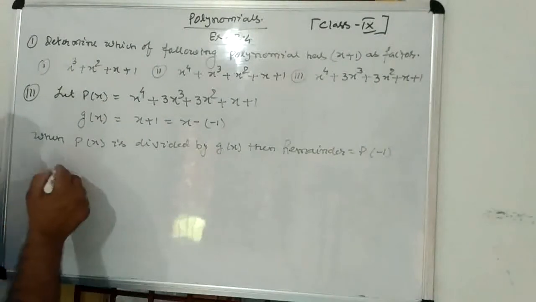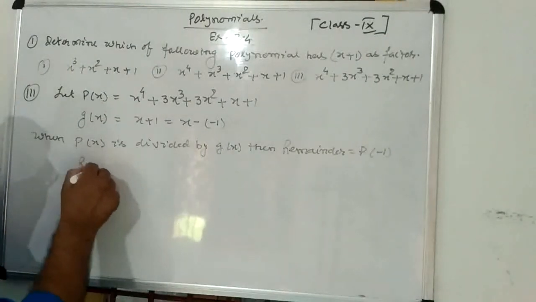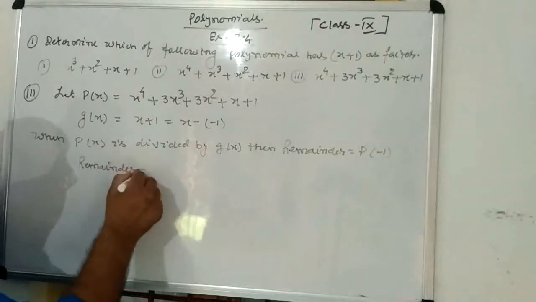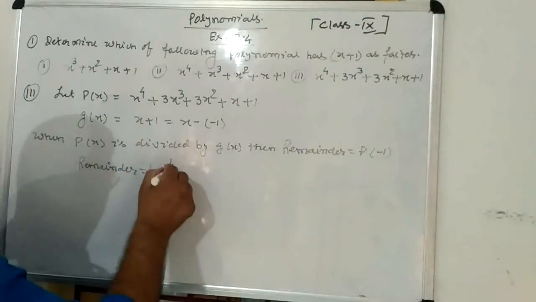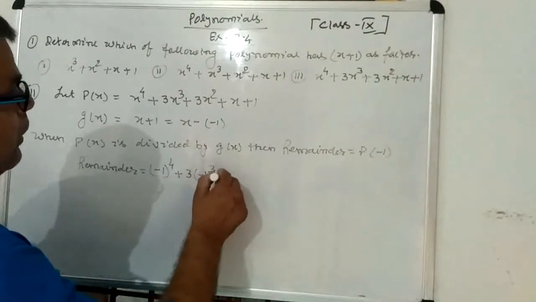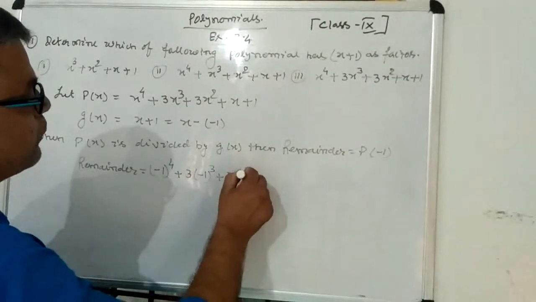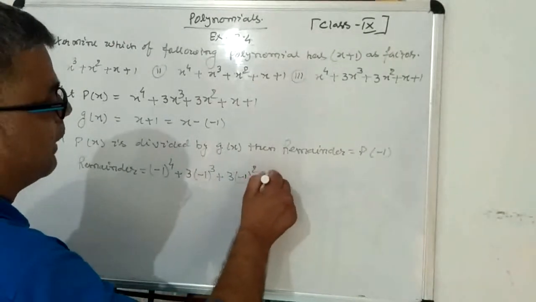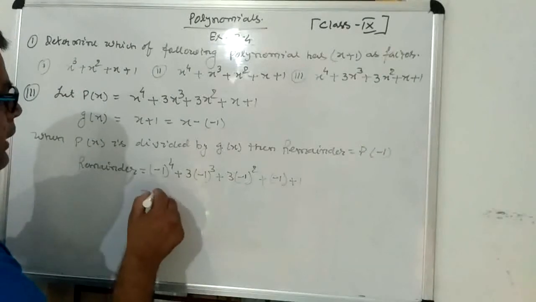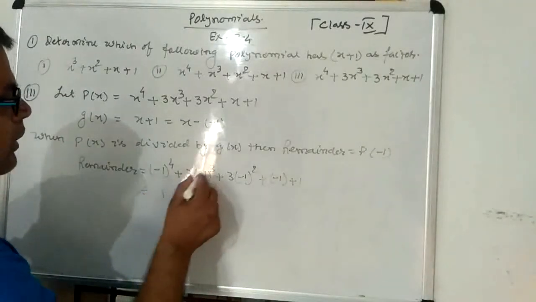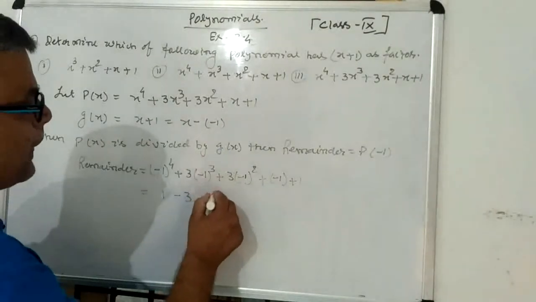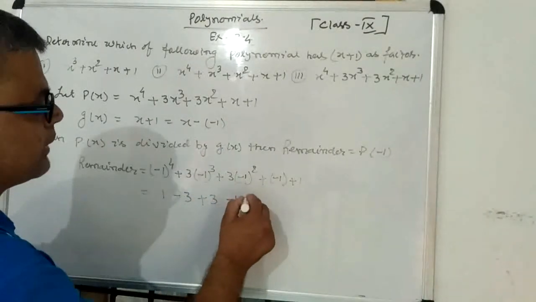Now substitute minus 1 for x, so your remainder will be minus 1 whole to the power 4 plus 3 into minus 1 whole cube plus 3 into minus 1 whole square plus minus 1 plus 1. So solve it, it will be 1 minus 3 plus 3 minus 1 plus 1.